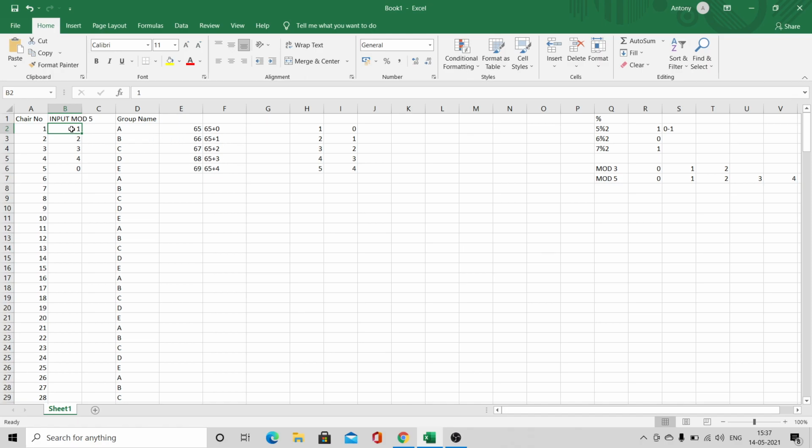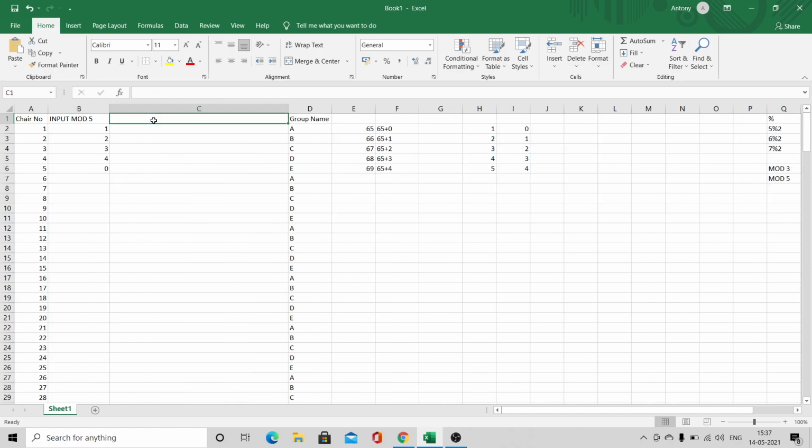Okay, so what do you have to do? You have to make this 0, this 1, this 2, this 3, and this 4. So for ease, first of all, I take the input value mod 5 and subtract 1 from it.